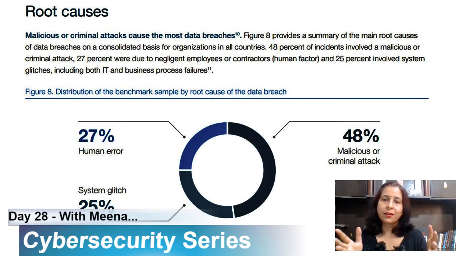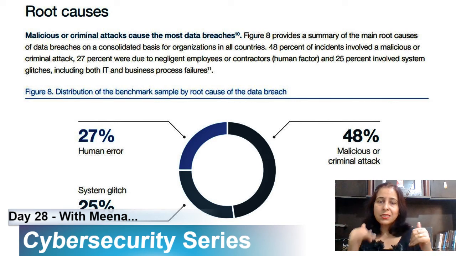Attackers are performing some kind of attack and stealing the information. And 27% are due to human error and negligence. We are not taking care of our data. It's huge, not small, because this is something which can be stopped, but it's just happening.